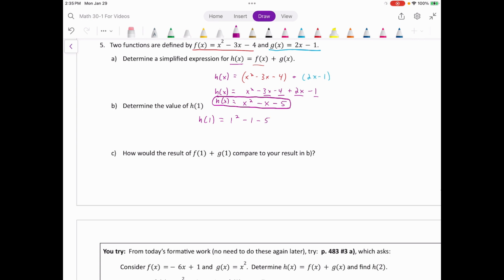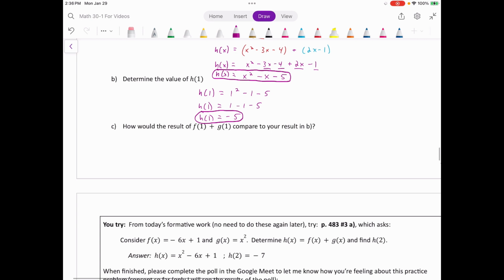Notice all I did there, put in 1 for x. And so h of 1 is going to be 1 squared is 1, minus 1 is 0, minus 5 is -5. And that's h of 1. Found the general equation here, and then used our general equation to figure out what h of 1 would be. Put in 1 for x.